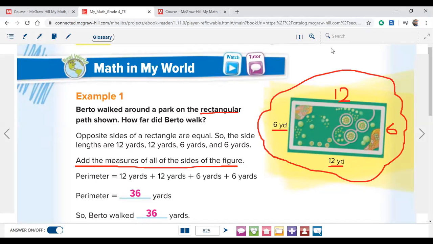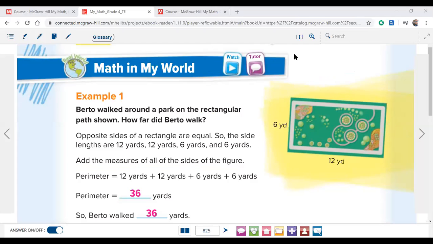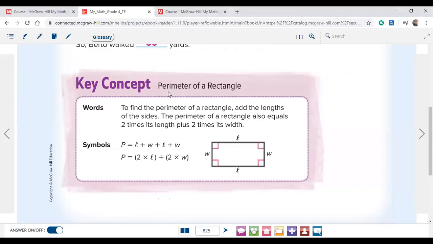Okay? There is a formula to find the perimeter of a rectangle. As you see here in your book, perimeter of a rectangle: to find the perimeter of a rectangle, add the lengths of the sides. The perimeter of a rectangle also equals 2 times its length plus 2 times its width. I have length, the opposite side the same length.